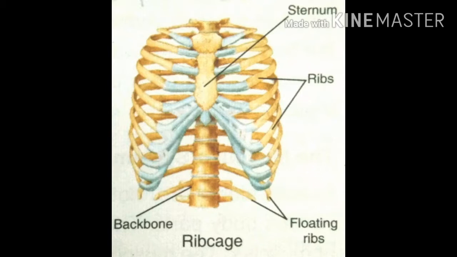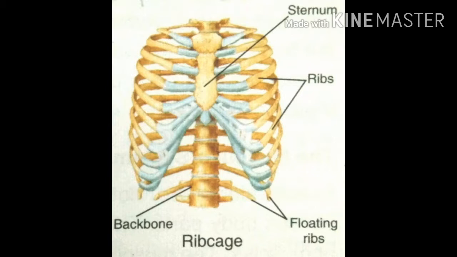These 2 pairs are not joined to the chest bone and are joined only at the backbone. This one we call floating ribs.